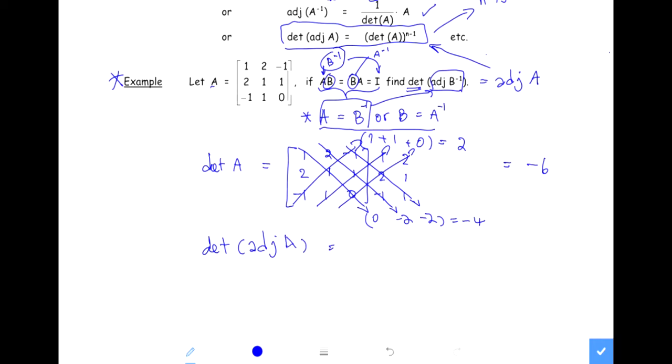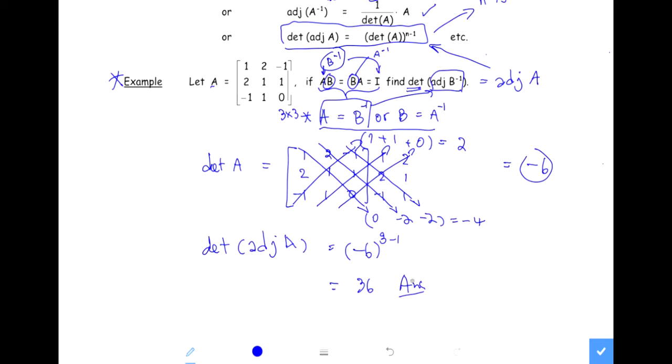The determinant of adjoint A is the determinant of A, which is negative 6, to the power of the dimension minus 1. This is a 3 by 3 matrix, so the dimension is 3, and 3 minus 1 is 2. Negative 6 squared is 36. So that is the answer.